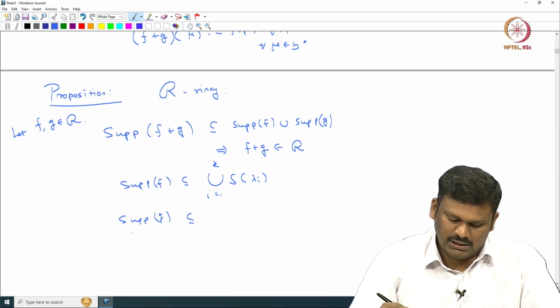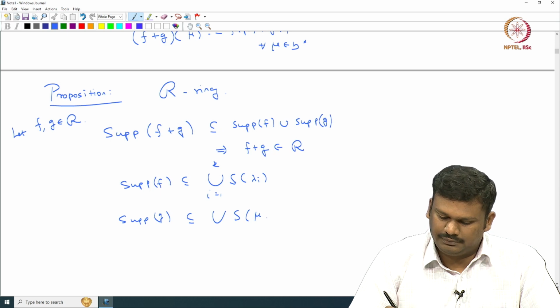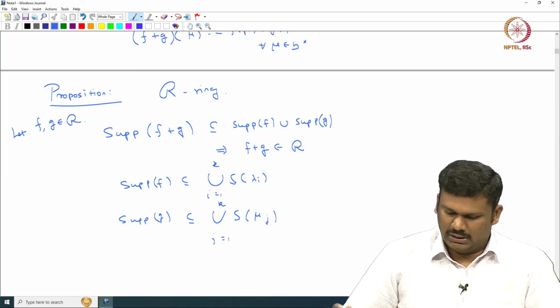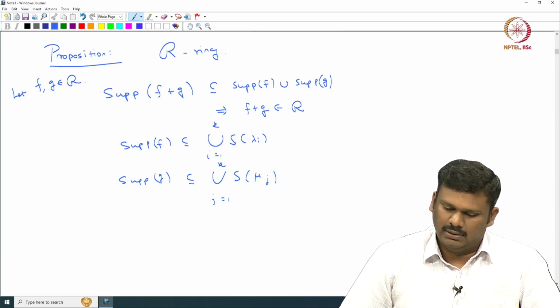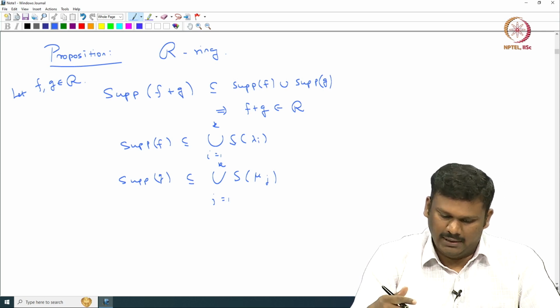So the support of g is contained in the union of S of mu j, j ranging from 1 to k again. We can just add extra terms on the right side to match the number of S of lambdas and S of mus that appear.